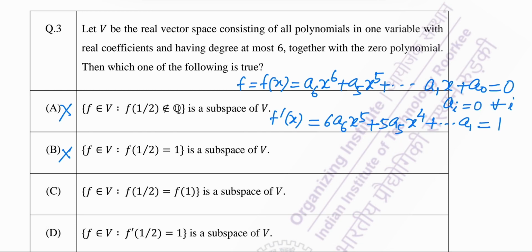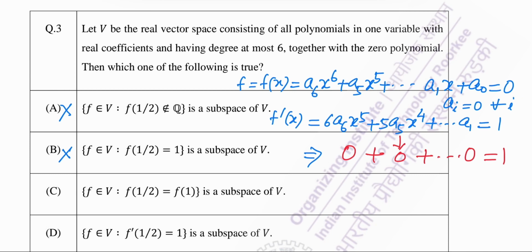Okay, and when you put those values, this means a1, a2, a3, a4 all will be 0, and if you put those values here, then this will be 0, this also will be 0, 0, and this equals 1.